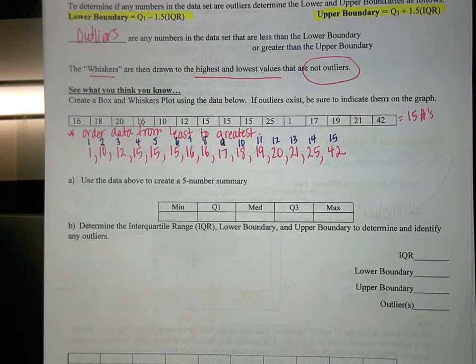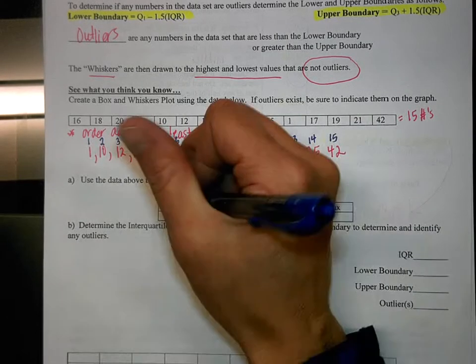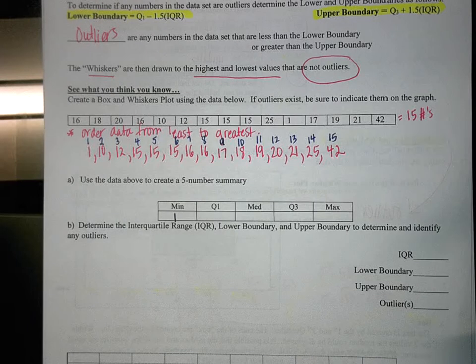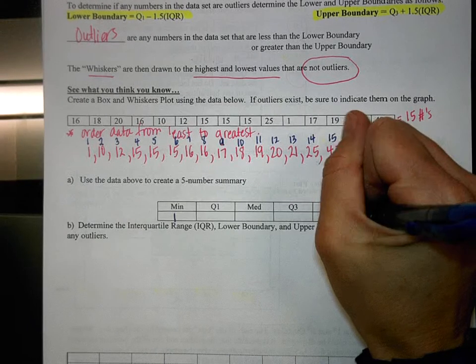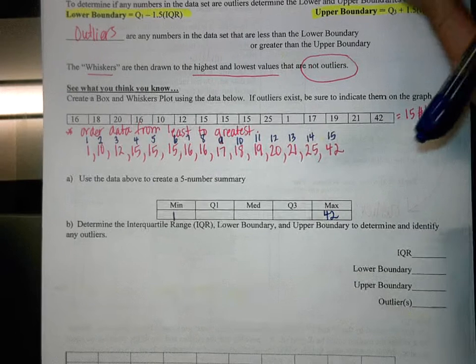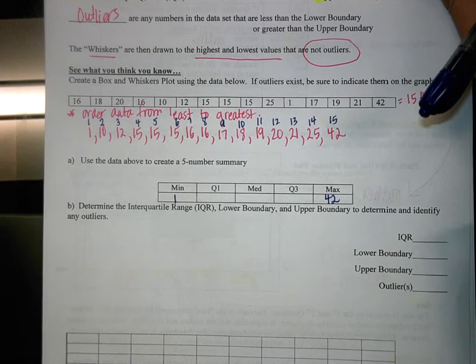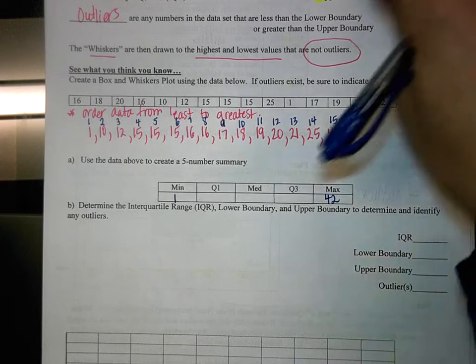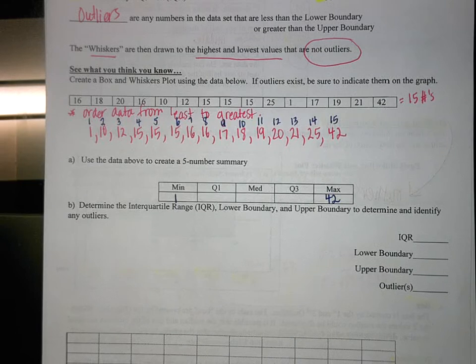Based on this information, what is my minimum value? 1. What is my maximum value? 42. Very good. Now, when you are finding your median, there are different ways of doing it, but sometimes you could have a list of data that's like 128 numbers long.